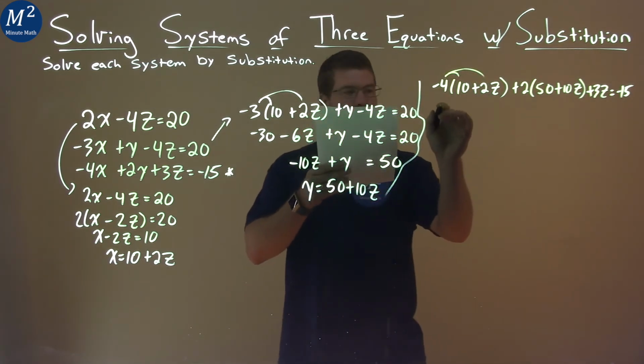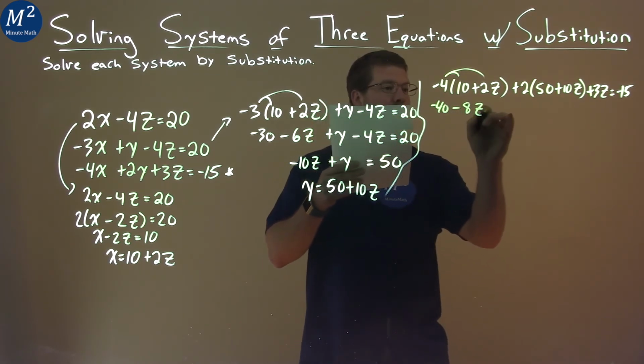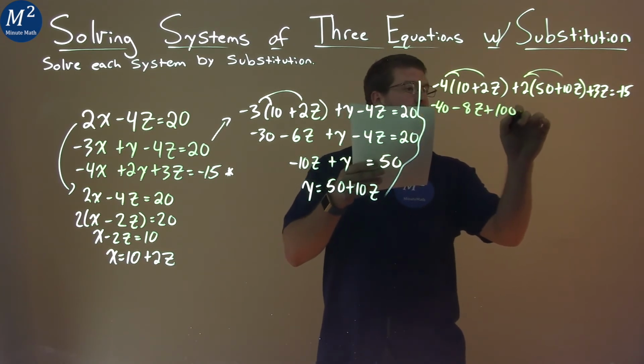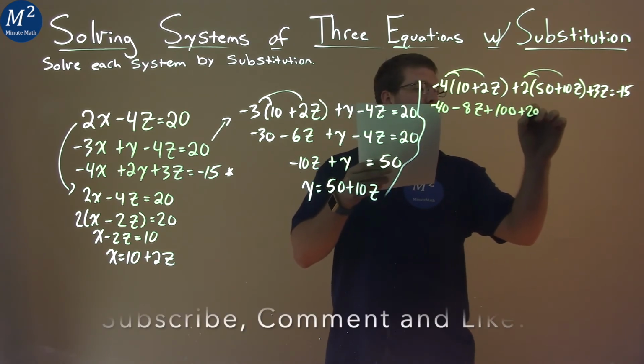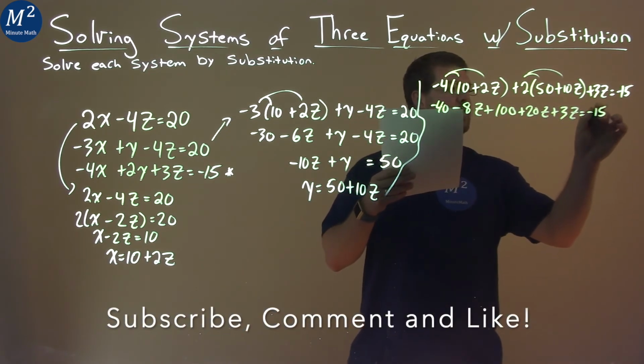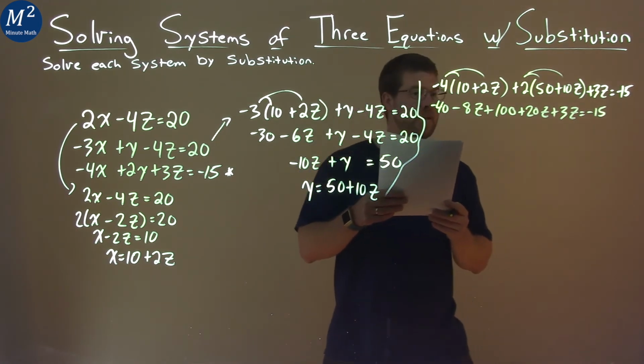Negative 4 distributes, so we have negative 40 here, minus an 8z, plus distribute the 2 to both parts, plus 100, plus a 20z, and then we plus 3z equals negative 15. Let's combine our like terms where we can.